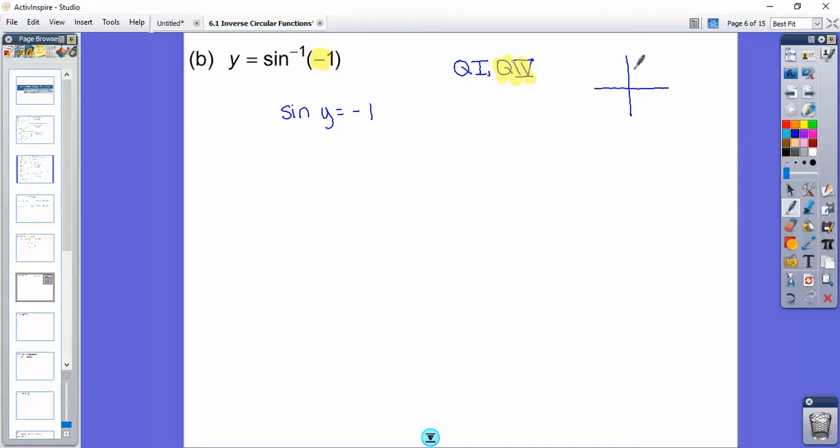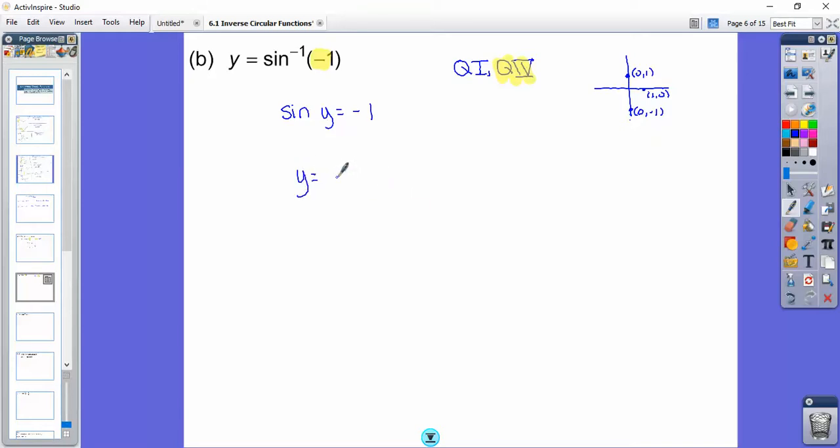If you think about your unit circle, we're between here and here. Sine is your y value. We know if it's 1 or -1, it's on an axis. This would be the point (0, 1), so that's when sine is 1. This is (1, 0), that's when sine is 0. This is (0, -1). So sine is -1 right here.